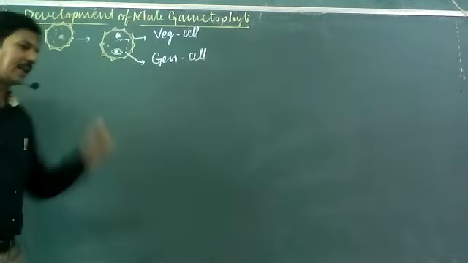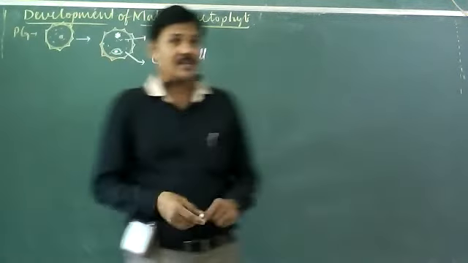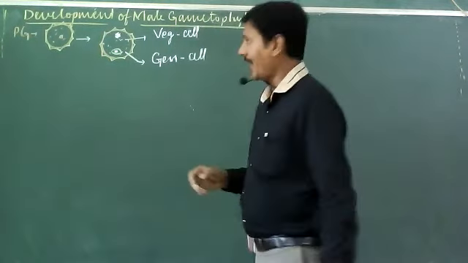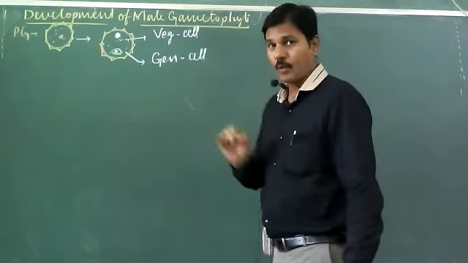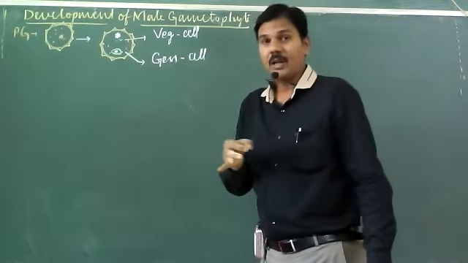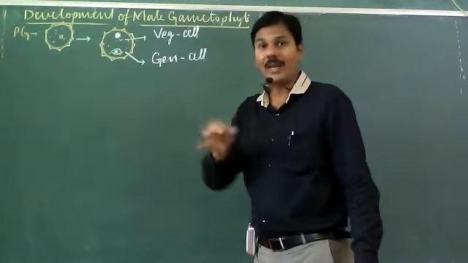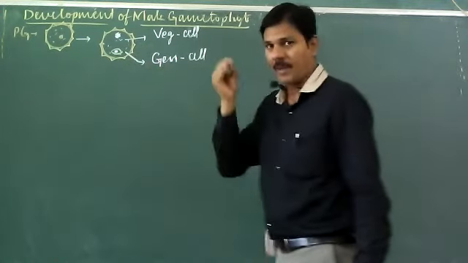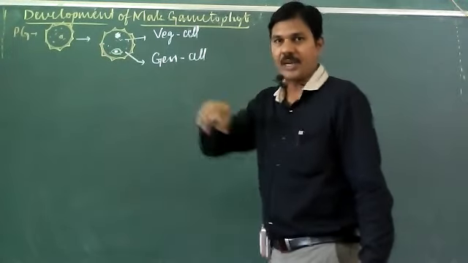Up to here, yesterday we discussed. The generative cell is a spindle-shaped cell. During the cell division, unequal spindle apparatus is formed. So unequal cell division results in two cells: vegetative cell and generative cell.